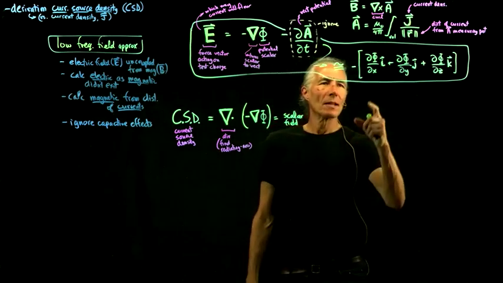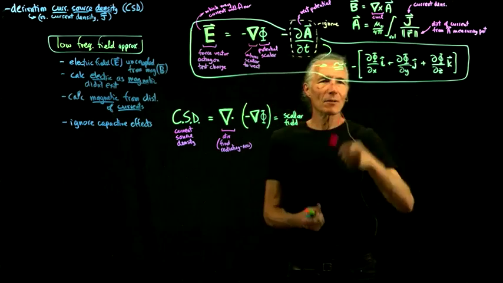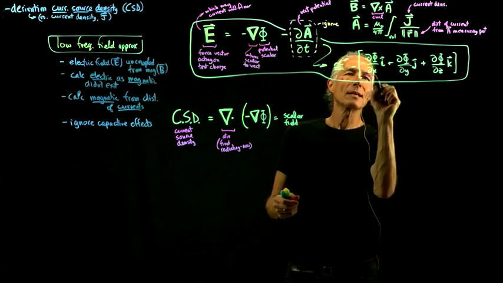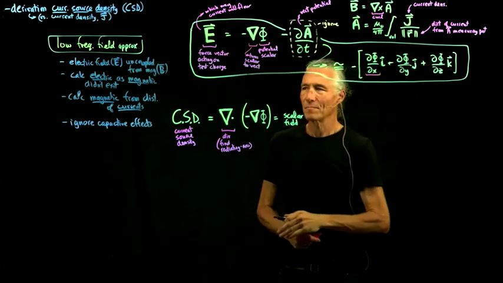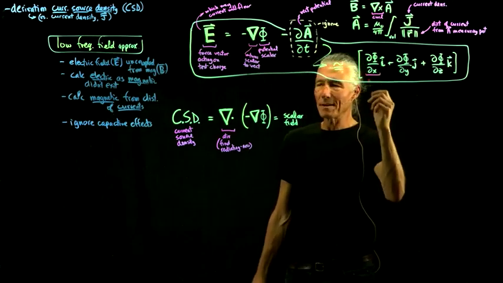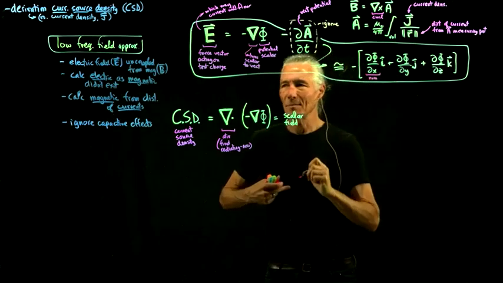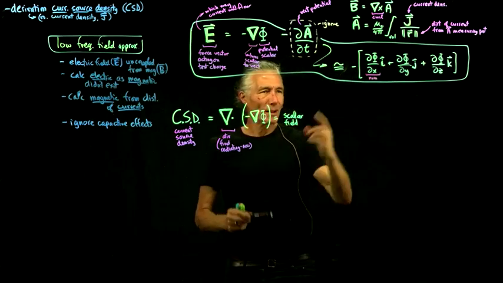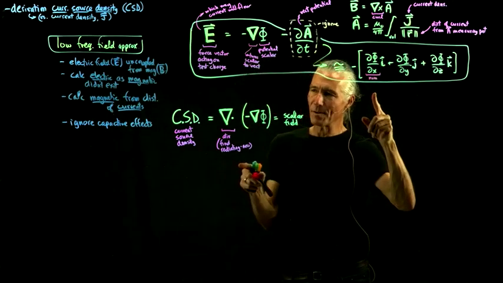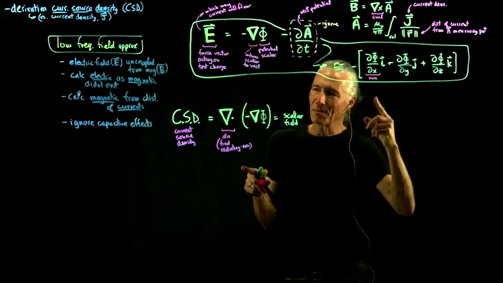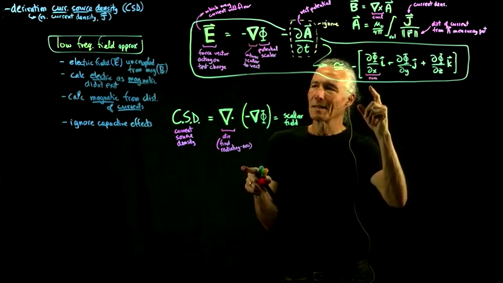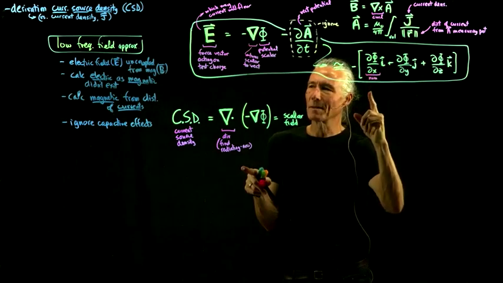So if you look back at this equation, this guy's a number times the vector, and that's the number we want for calculating the divergence.